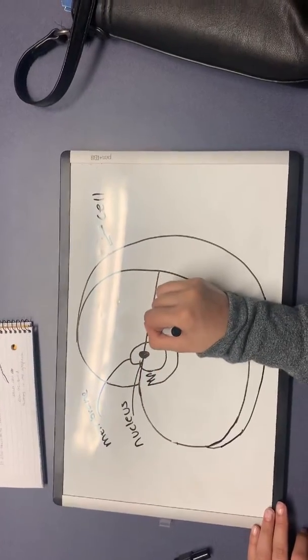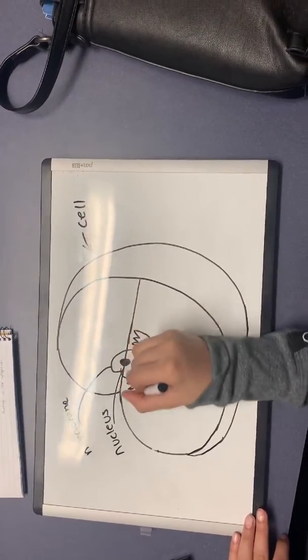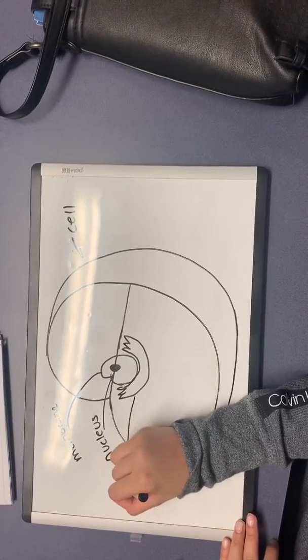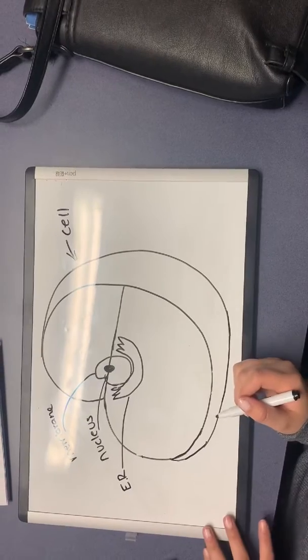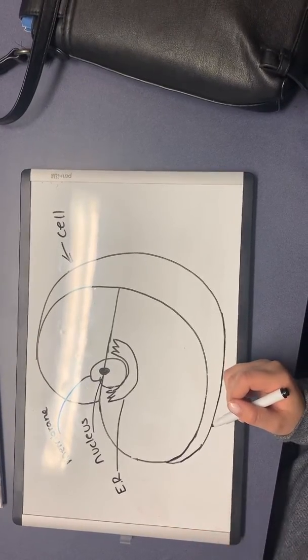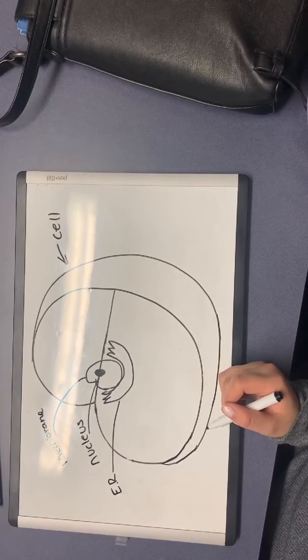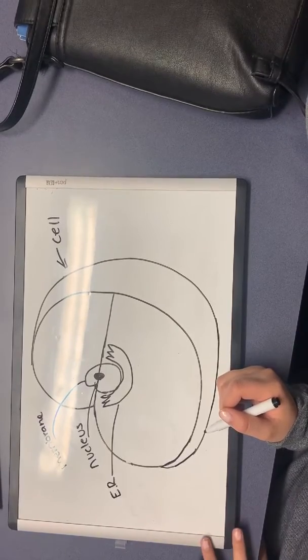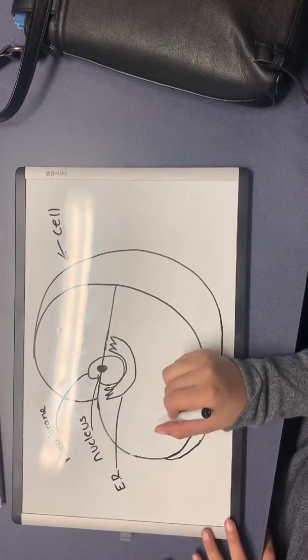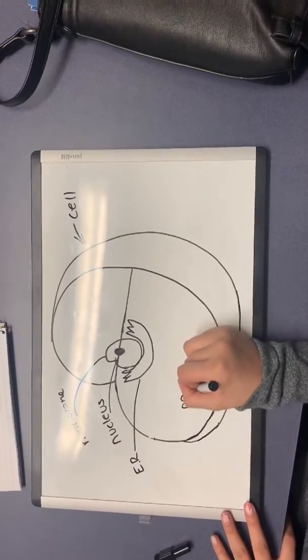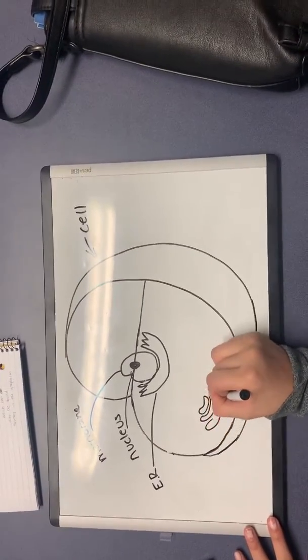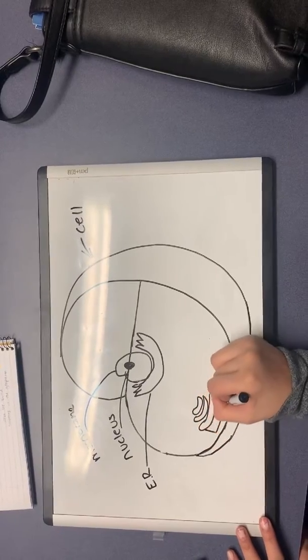Next, we are going to talk about the ER, which is also known as the endoplasmic reticulum. Its functions are folding, modifications, and transportation of proteins. Right after is the Golgi apparatus, which consists of a stack of flattened sacs.